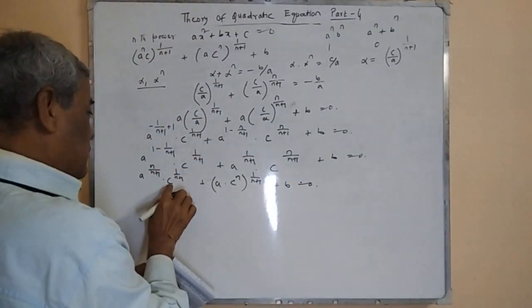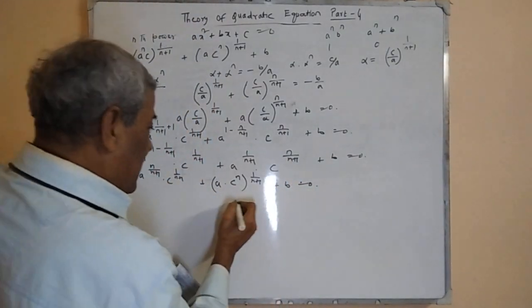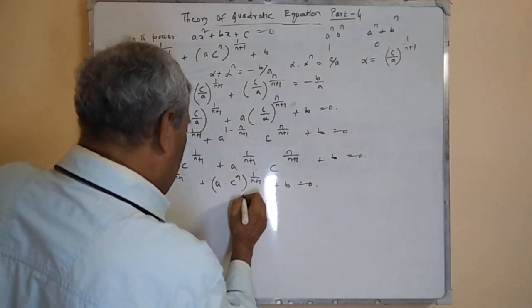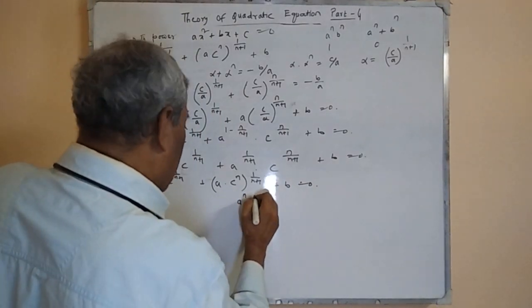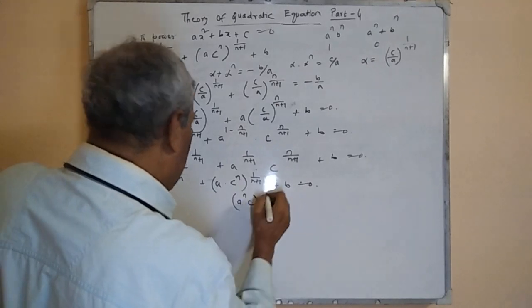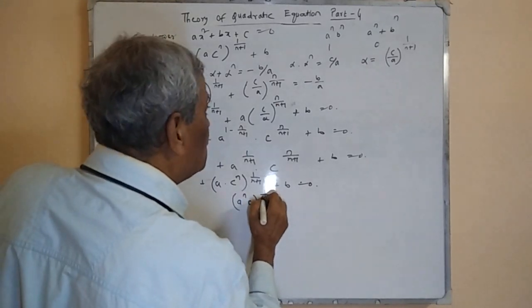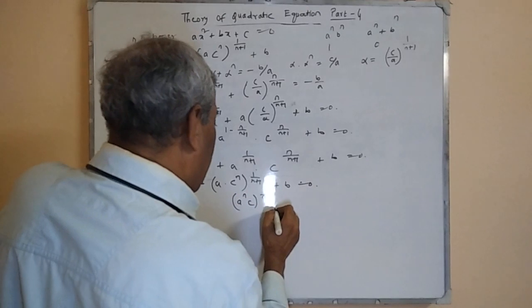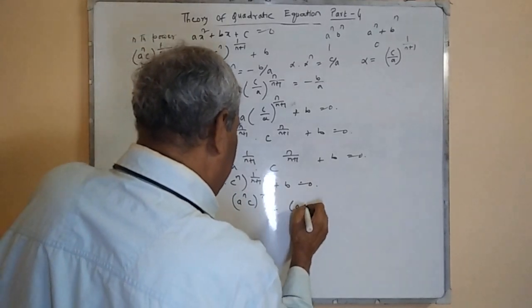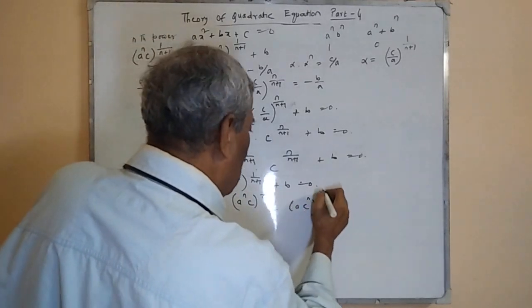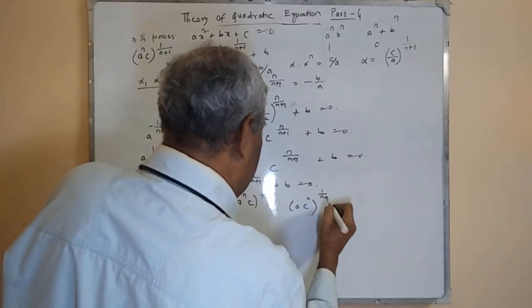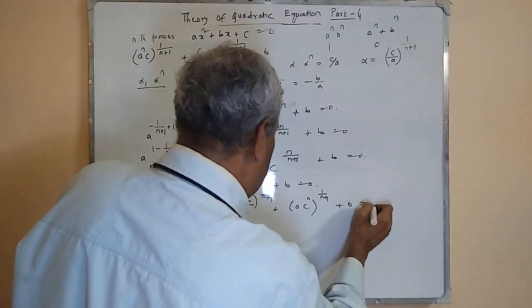Now, combining these two, it is equal to a to the power n into c to the power 1 whole to the power 1 upon n plus 1, plus a into c to the power n whole to the power 1 upon n plus 1, plus b is equal to 0.